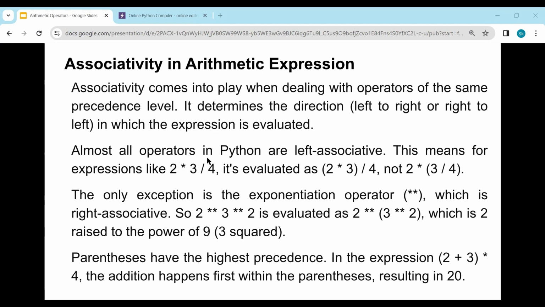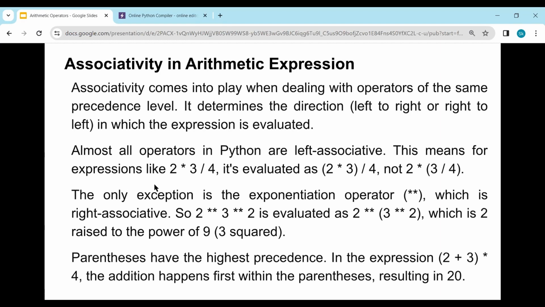Now I will explain associativity in arithmetic expressions. Associativity comes into play when dealing with operators of the same precedence level. It determines the direction, left to right or right to left, in which the expression is evaluated. Almost all operators in Python are left associative.